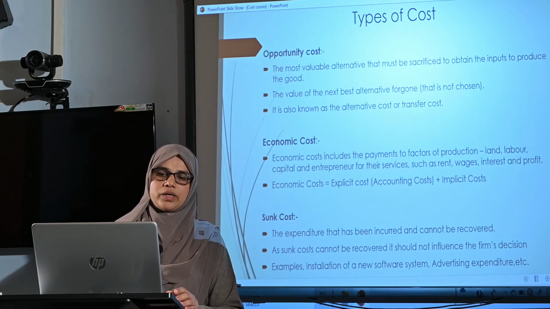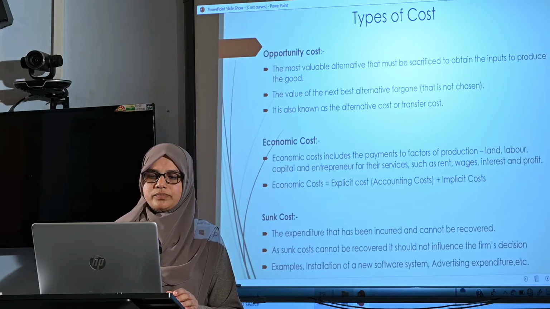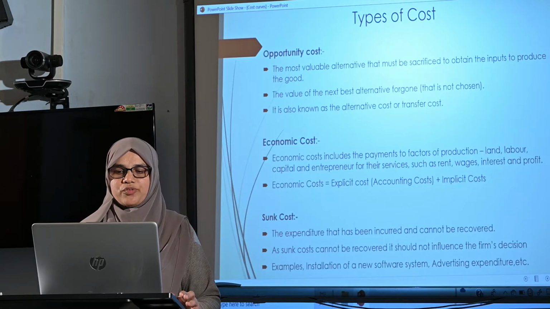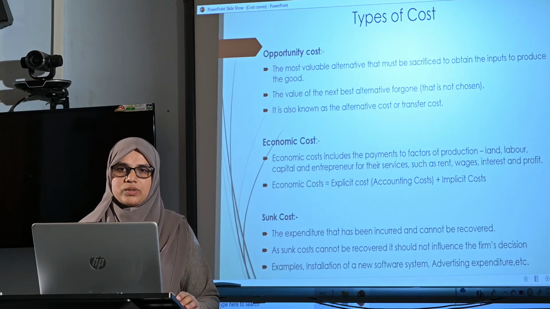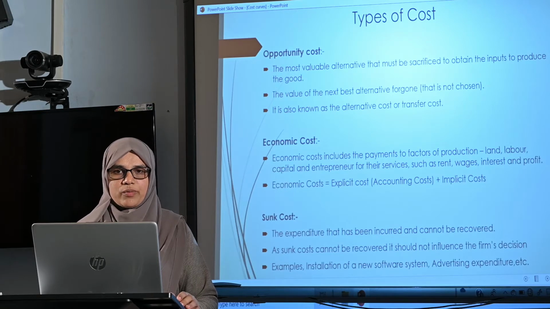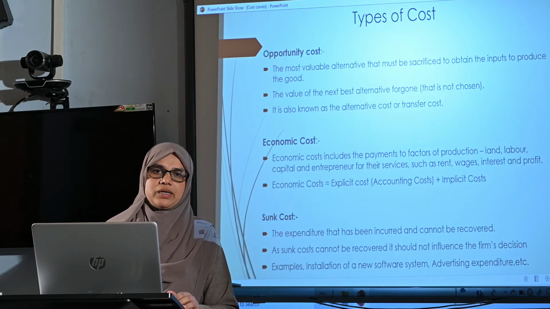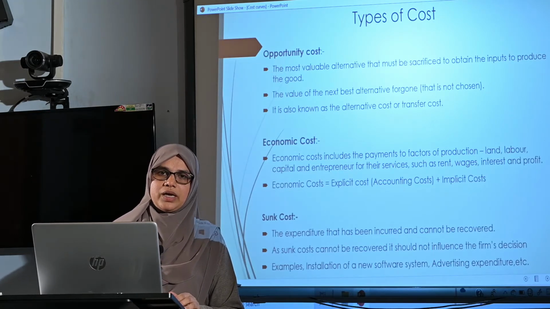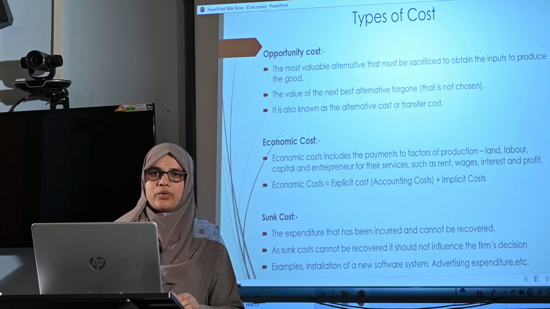Next is economic cost. Economic cost includes payment to factors of production such as land, labor, capital and organization in the form of remuneration, that is rent, wages, interest and profit. Economic cost is equal to explicit cost or accounting cost plus implicit cost.